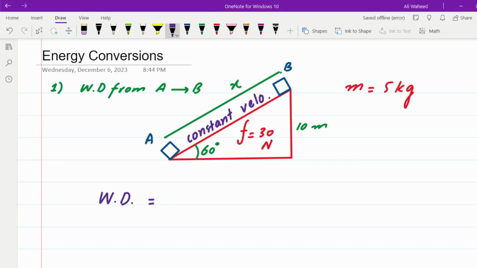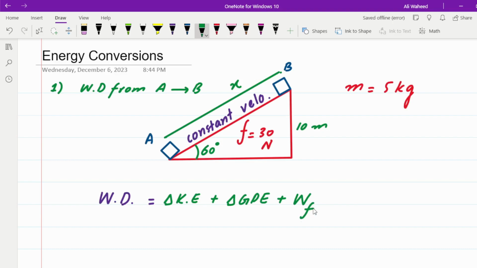The work done in that case equals the energy changes on the object. So part of your work done would be used to change the kinetic energy of the box. Part of the work done would be used to increase the gravitational potential energy of the box, and part of the work done would be used to overcome the friction.